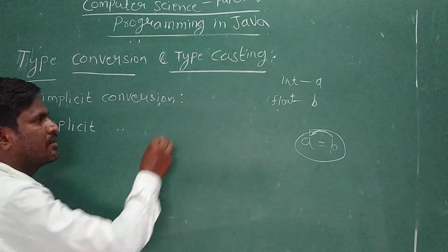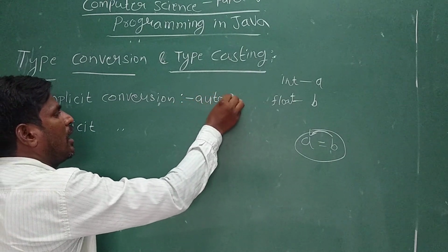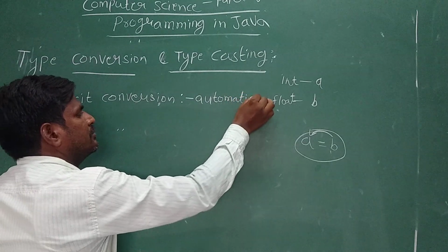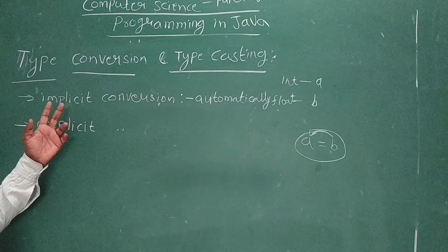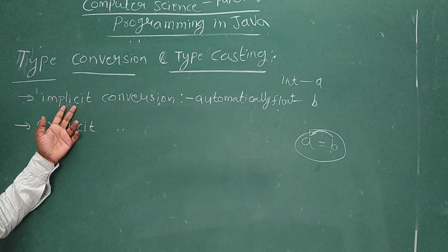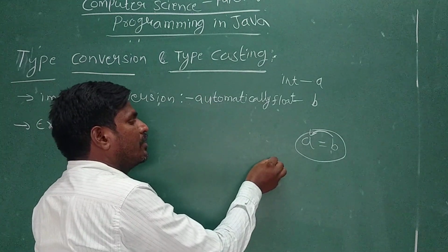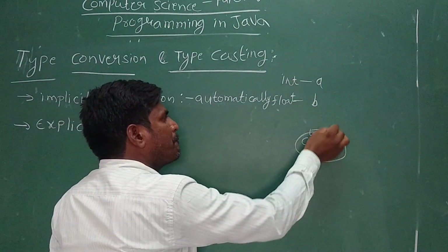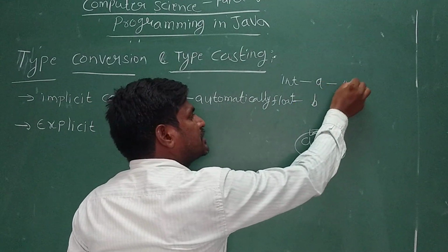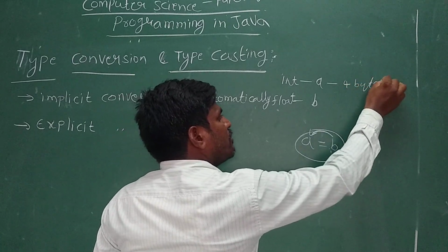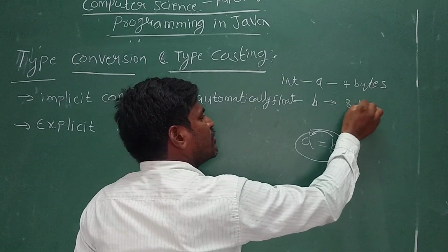Implicit conversion means the conversion will be done automatically. For example, here A is an integer data type and B is a float data type. For A, 4 bytes of memory will be allocated, but for B, 8 bytes of memory is allocated.